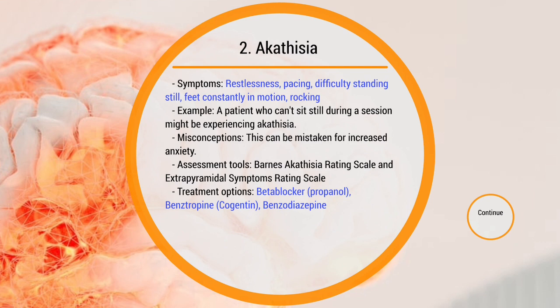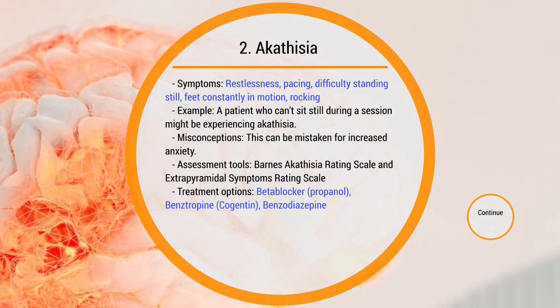What assessment tool would you use for an akathisia patient? This is important because you need to assess your patient with those tools. There are several tools, but the Barnes Akathisia Rating Scale and the Extrapyramidal Symptoms Rating Scale are two scales that we can use to assess our patients.